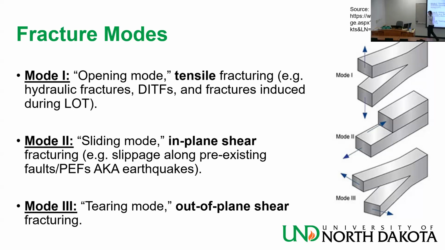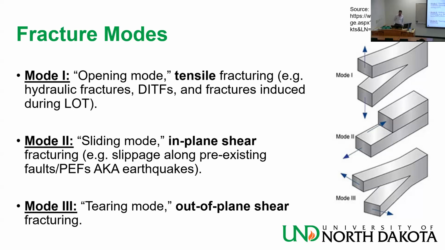We already talked a lot about mode one, but let me say again: the way mode one fractures open is probably the most important concept of this class. We talked about it in module one. You may see it again.